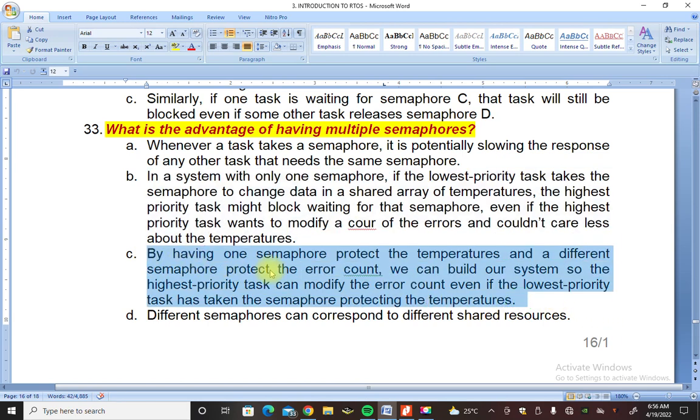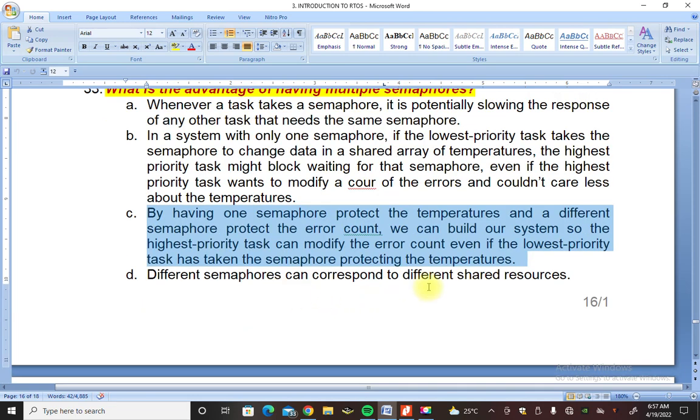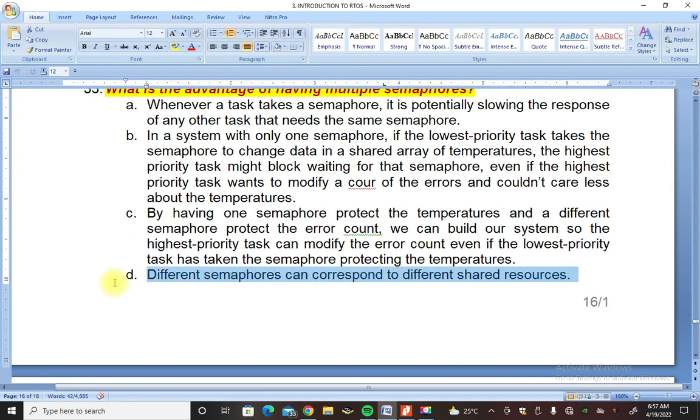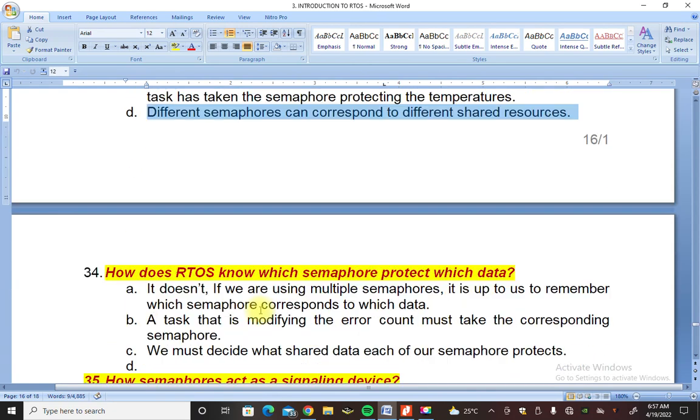So by having one semaphore to protect the temperatures and a different semaphore to protect the error count, we can build our system so that the highest priority task can modify the error count even if the lowest priority task has taken the semaphore protecting the temperatures. So different semaphores can correspond to different shared resources. That's what we need to understand.